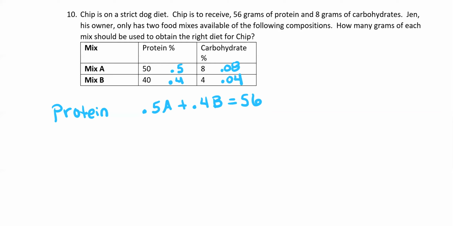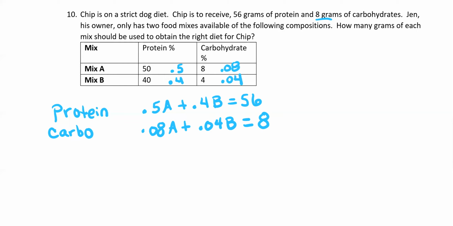Then we need an equation for the carbohydrates. So we have 8% mixture A plus 4% of mixture B, and he needs 8 grams. So here are your 2 equations and your 2 unknowns.